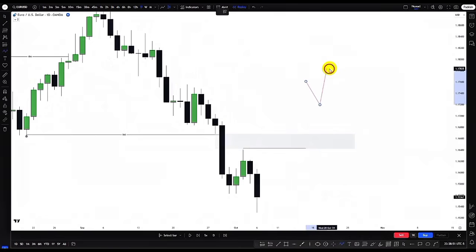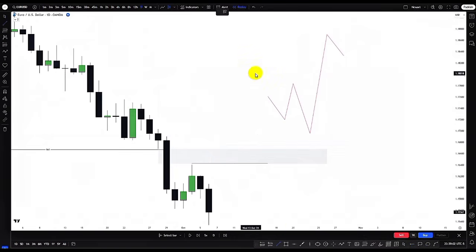Price will trade a little bit lower to create the low point, and then we have the push to the upside. Now price would return to the downside and give us the close. This is the close of that candle after price creates the high.